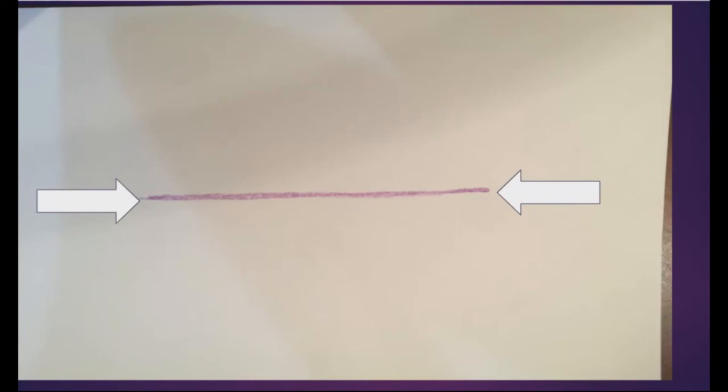Now we're going to get started drawing. The first thing I want you to do is draw a long horizontal line in the middle of your paper. But I want you to leave space on each side.